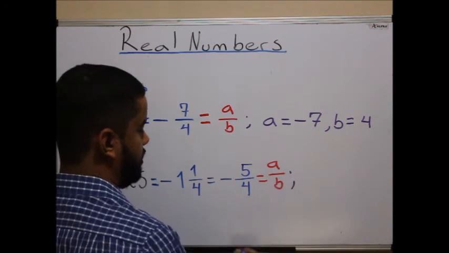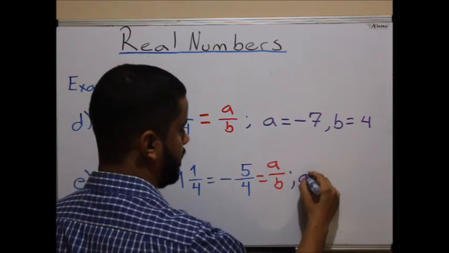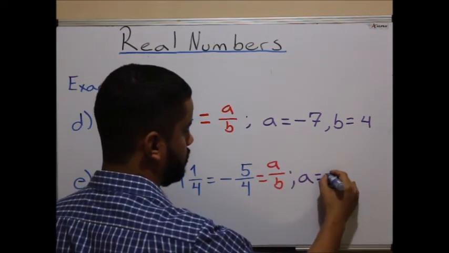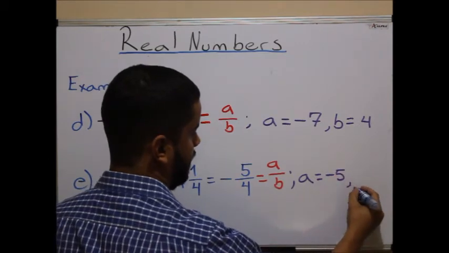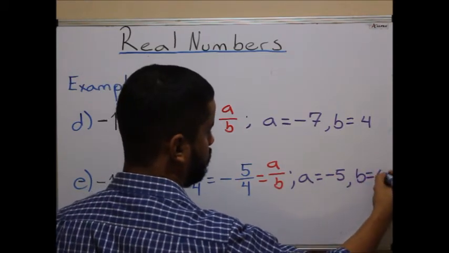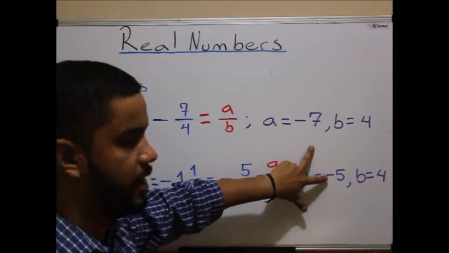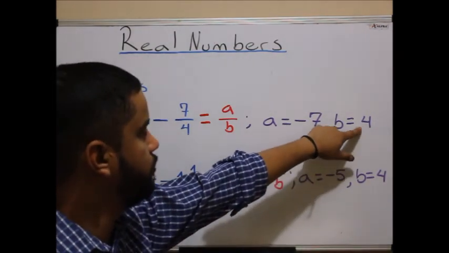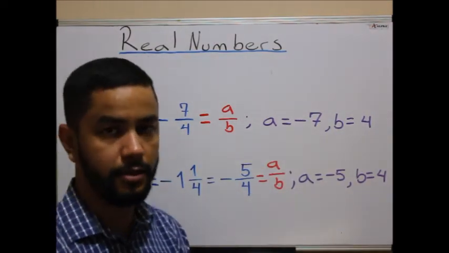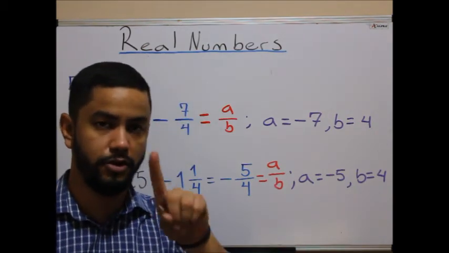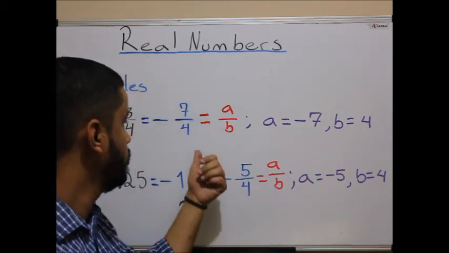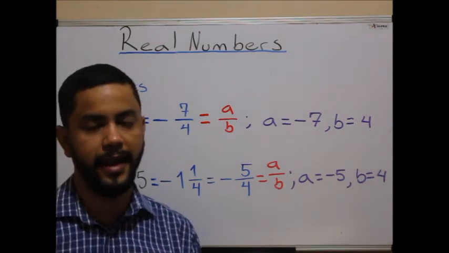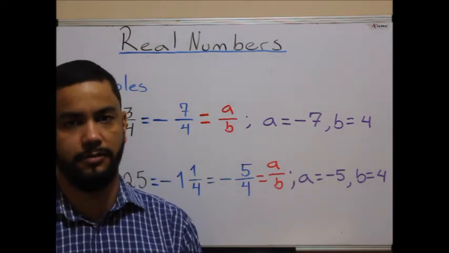And now in the second one you can say that A will be equal to -5 and B will be equal to 4. Those negative signs can be placed into the numerator, but just in one number to hold the negative sign of our fraction.